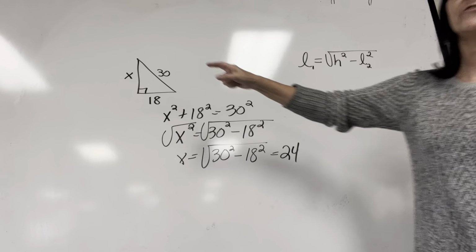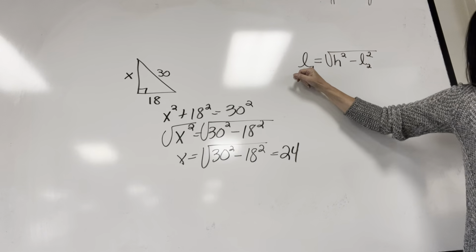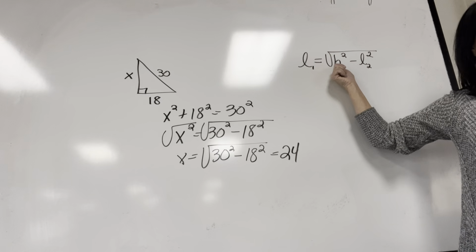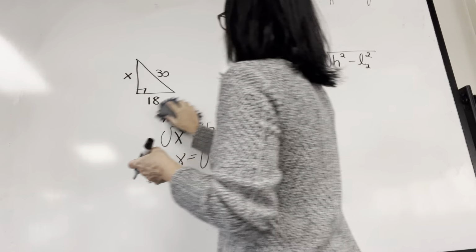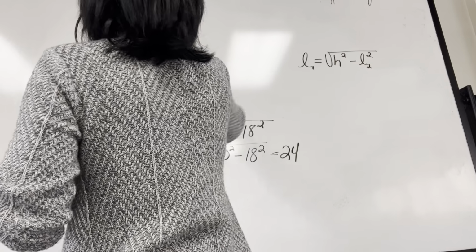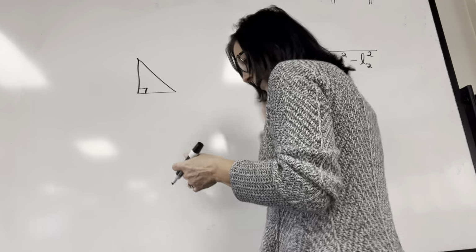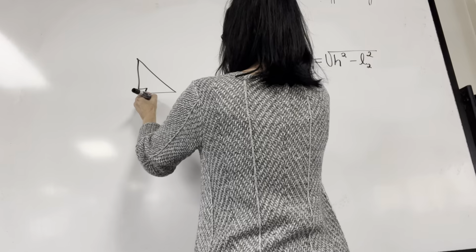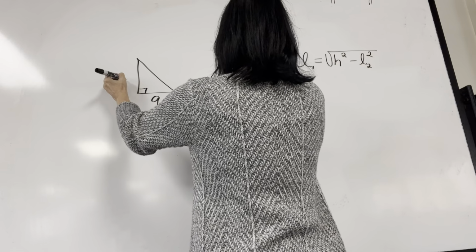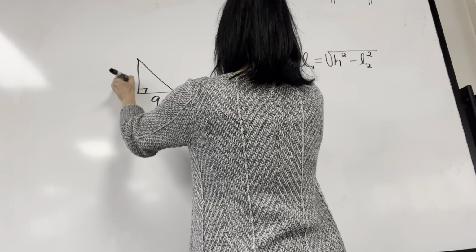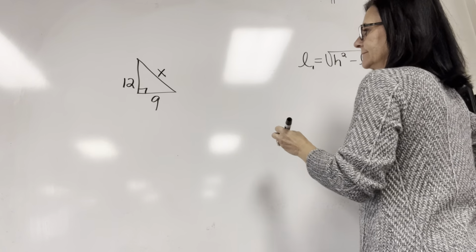All right, so when we're solving for one of the legs, the length of a leg equals the square root of the hypotenuse squared minus the other leg squared. Now, what about when I am solving for the hypotenuse? If it's a right triangle, then 12 squared is 144 plus 81.